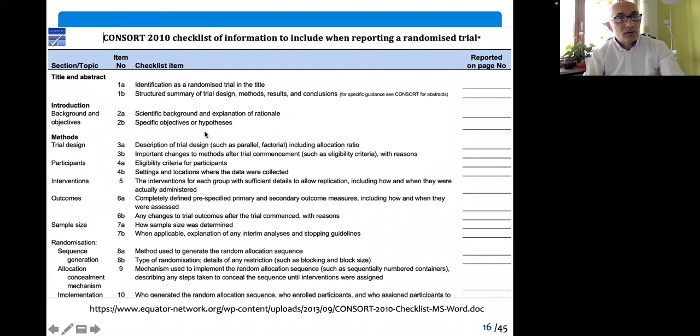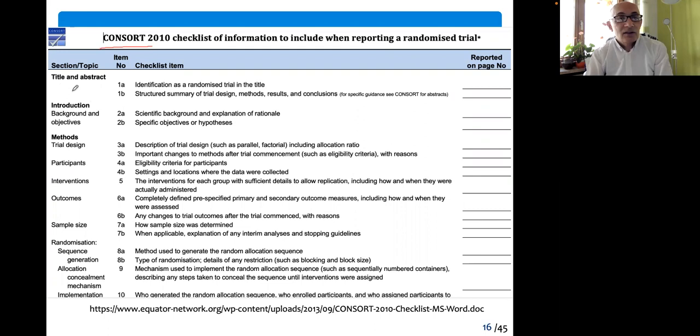Okay, and very important also, because this is one of the most frequently done research types, and in the evidence pyramid, it is highly ranked. The randomized controlled trials or the experimental studies also have a reporting guideline, which is called the Consolidated Standards of Reporting Trials, the CONSORT statement or CONSORT checklist, you may call it.